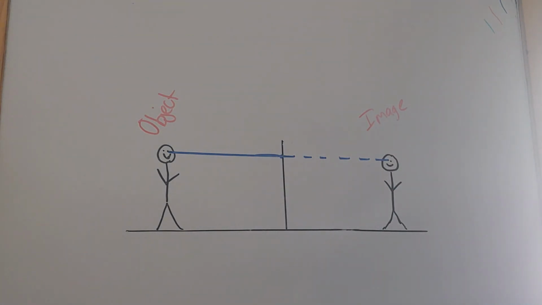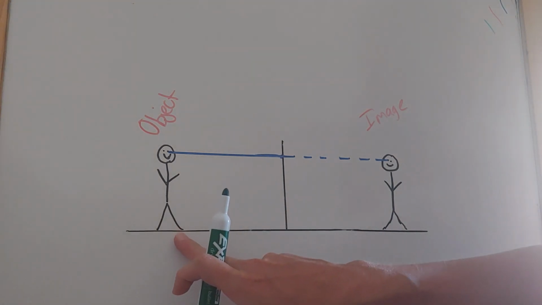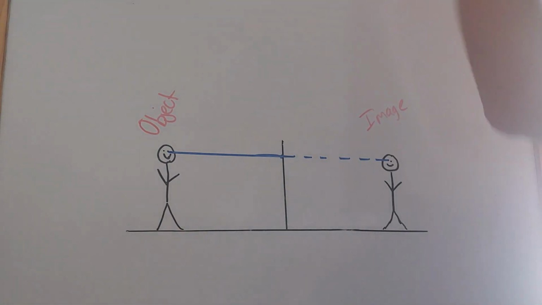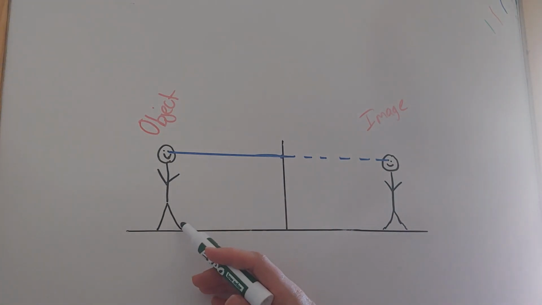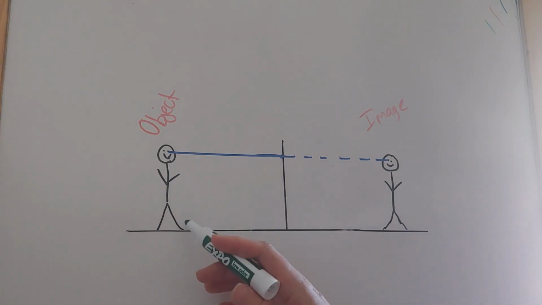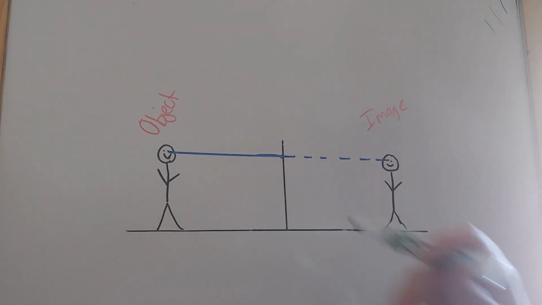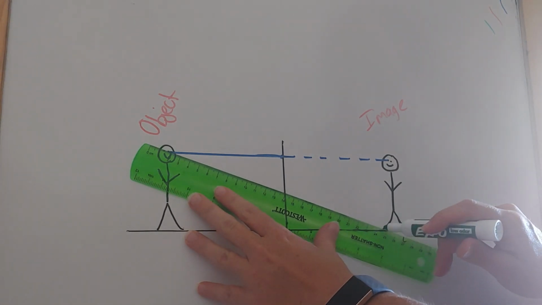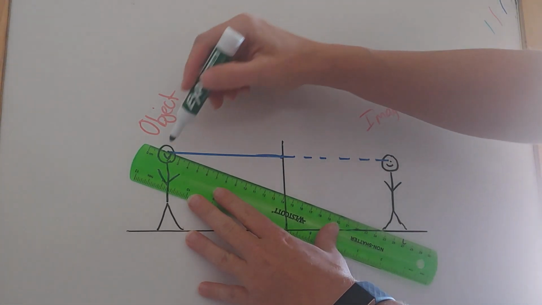Now, a different part is if he wants to look at his shoes. His shoes are actually right here. And as we remember from last week, light from the surroundings has to actually hit this for us to be able to observe it. So when he wants to look at his shoes down here, he's going to line up his eyesight with his virtual shoes on this virtual guy over here.